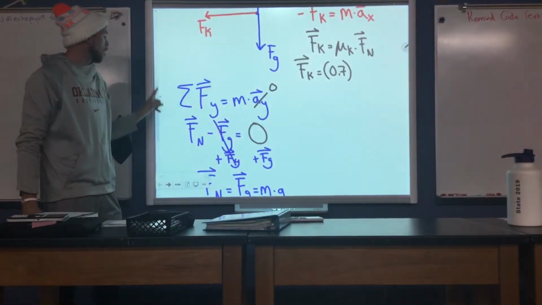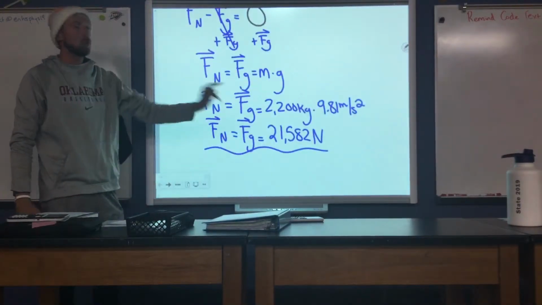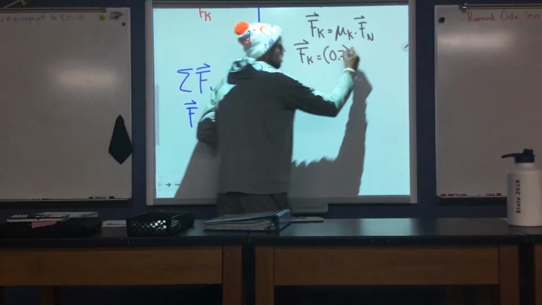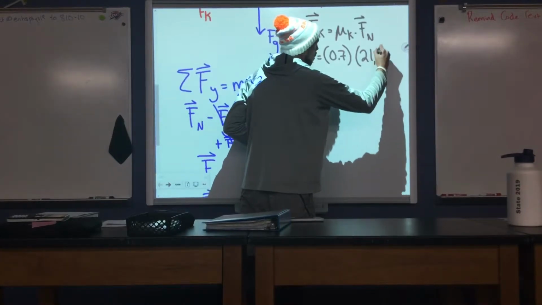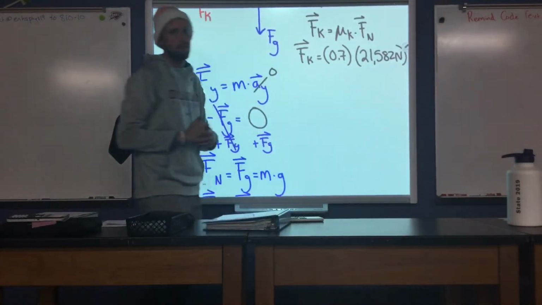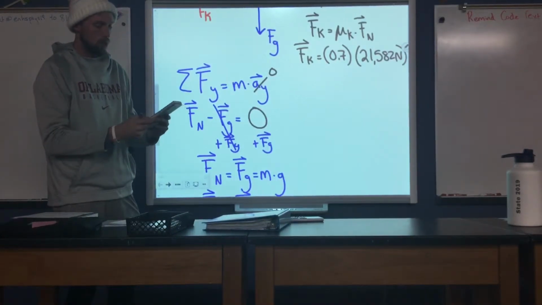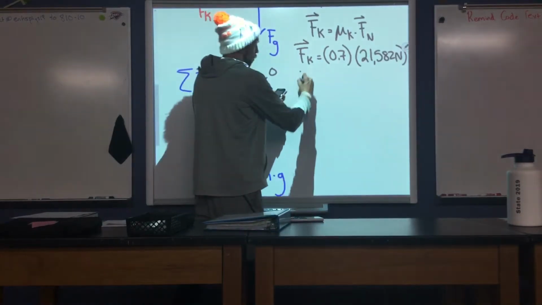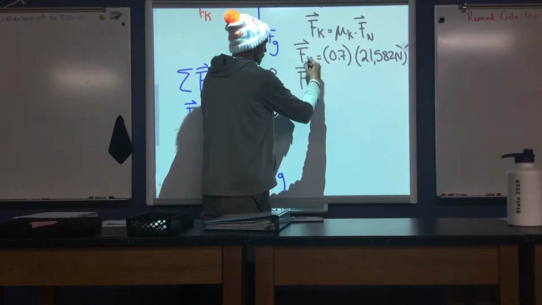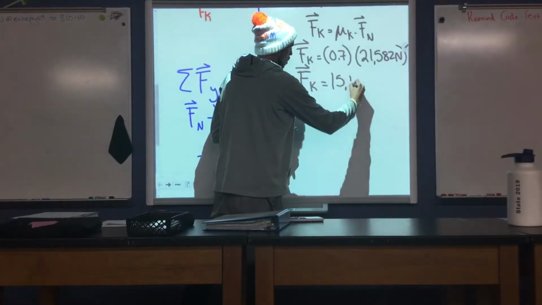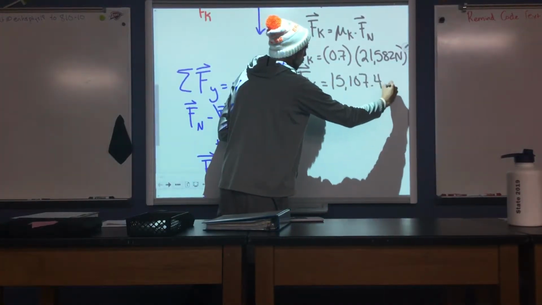And then we're just going to take the normal force we just found, 21,582, and plug that in here. So 0.7 multiplied by 21,582 newtons. I now get a value for my force of friction, F sub k, that is equal to 15,107.4 newtons.